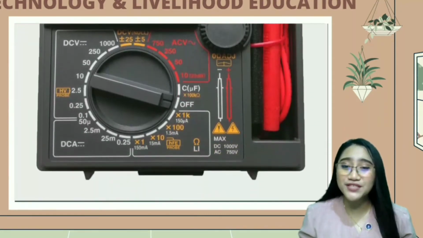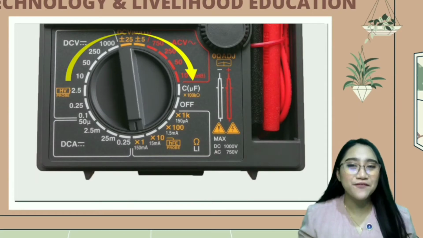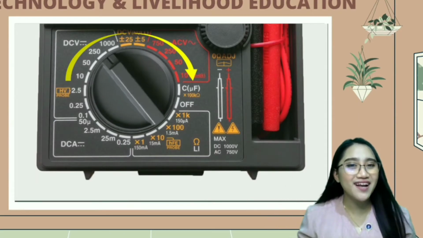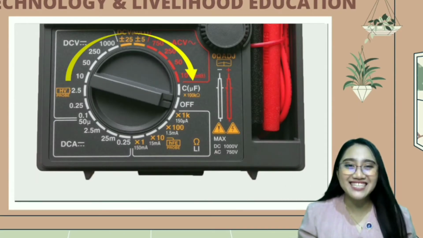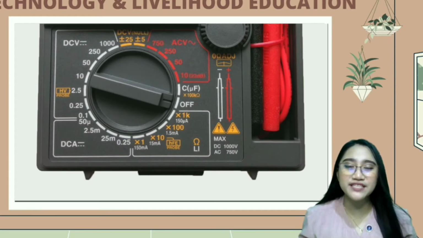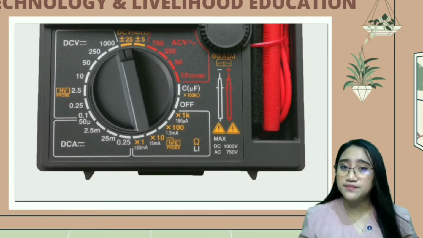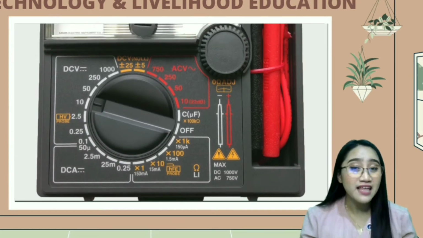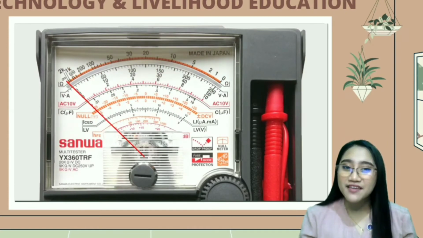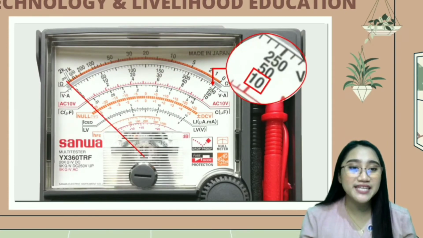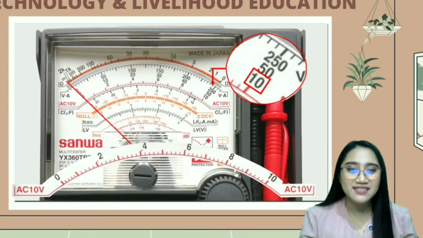While in our range selector knob, we can select from 10 to 1000 direct current voltage and alternating current voltage. Let's set our range selector knob to 10 direct current voltage. Let's go back to our scale. The range that we are going to read is from the tens, and the scale is the red lines.